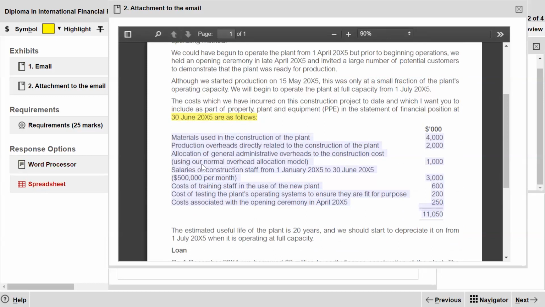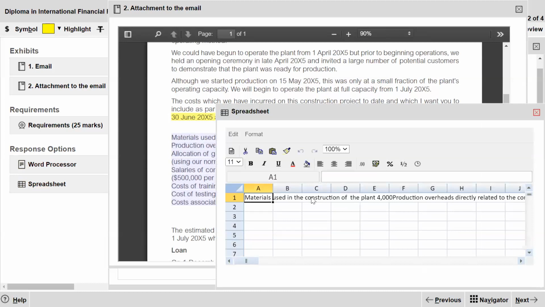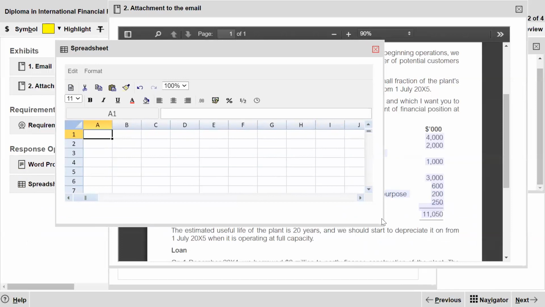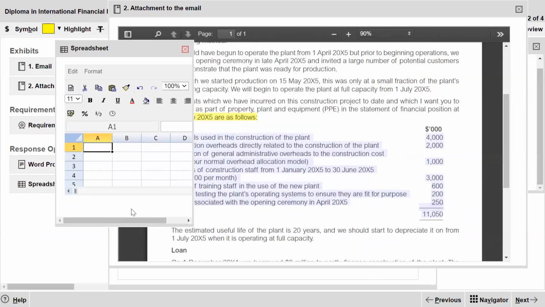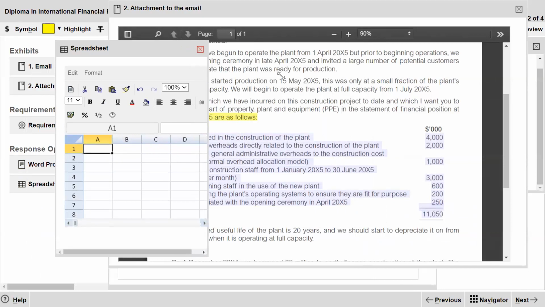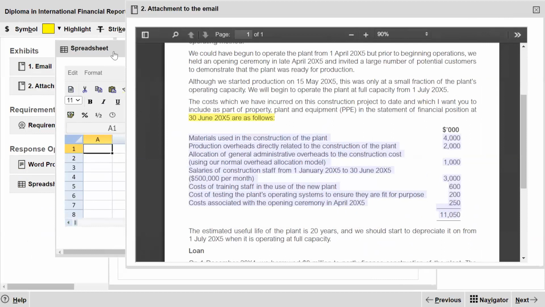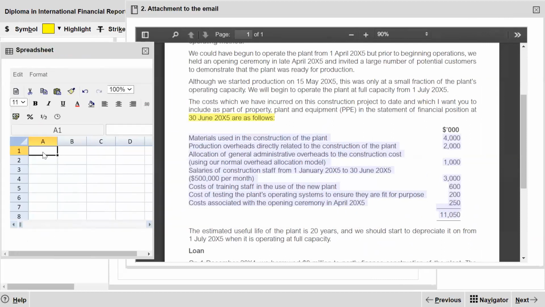I'll just copy all this. I'll try to paste it, but I'm not able to, so I'll have to do the adjustments for each one of them. The cost of the materials used in the construction is 4,000.